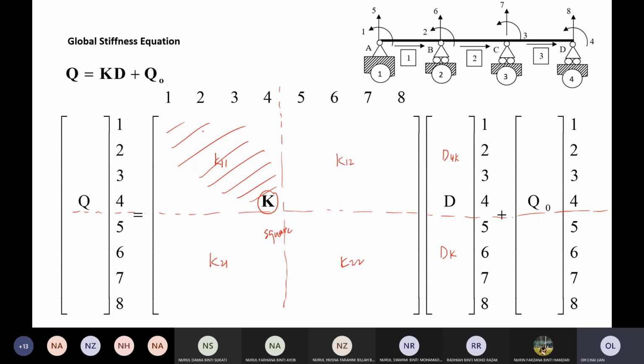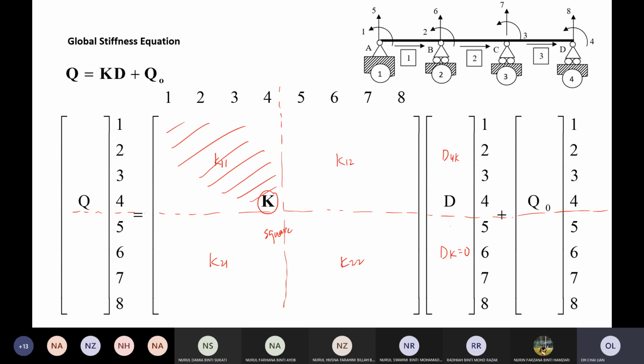We are going to determine the elements in this 4 by 4 only. K12 will not be required to solve your unknown displacement because it will be multiplied with dk equal to 0. But if dk5 to 7 has value, then you also need to determine the column corresponding to that dk. For now we only need 4 by 4.